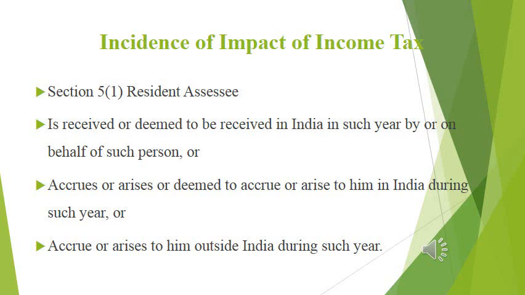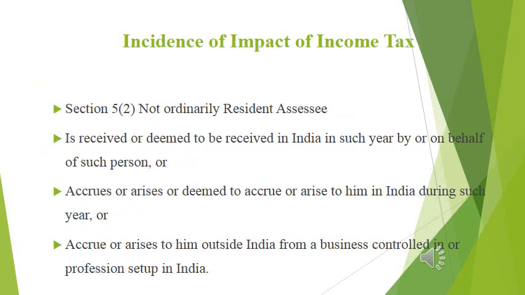First, received or deemed to be received in India. Second, accrue or arise, deemed to accrue or arise to him in India. And third, accrue or arise to him outside India. These three categories of incomes come under resident assessees.